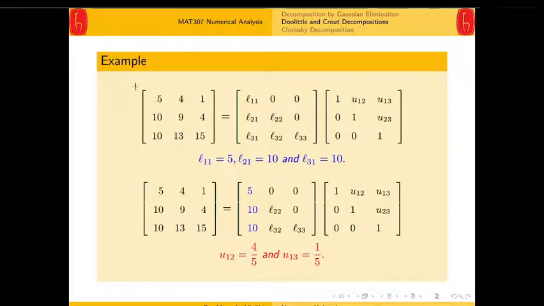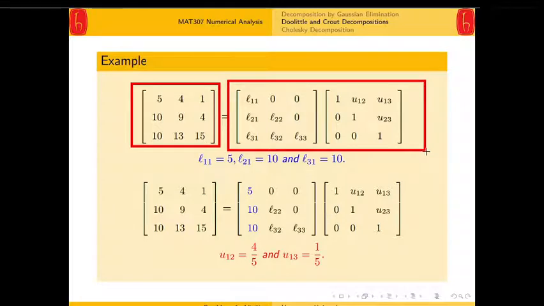Okay, so an example: this is matrix A, and we want to write it as the product L times U. So this is L and U. On U we have the diagonal entries being 1.